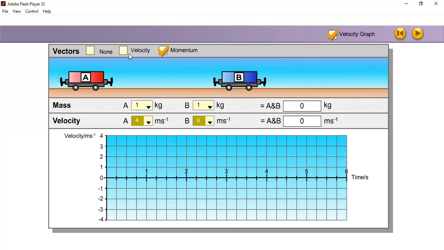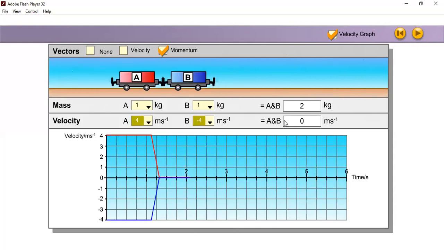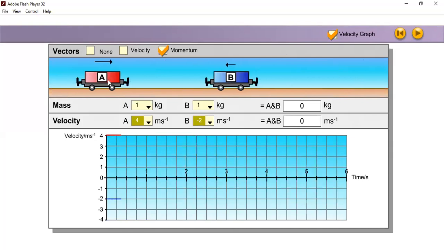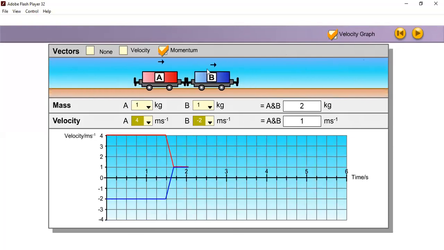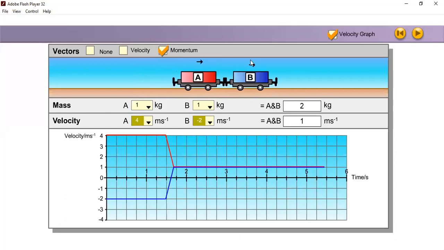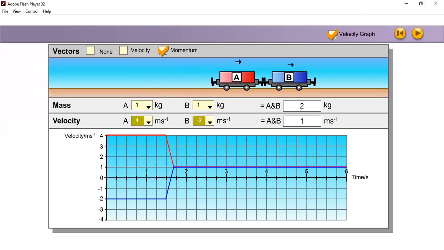If I use negative for both of them, in opposite direction, at the end the momentum becomes zero. If one moves bigger, one smaller, after collision, this one becomes smaller, this one becomes bigger. Now we go to the next slide.